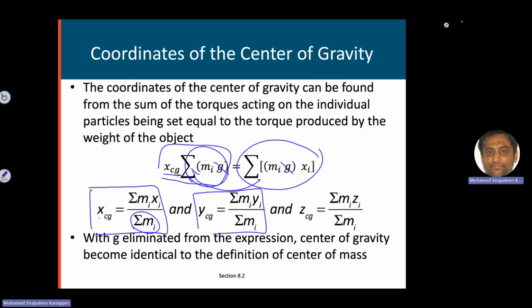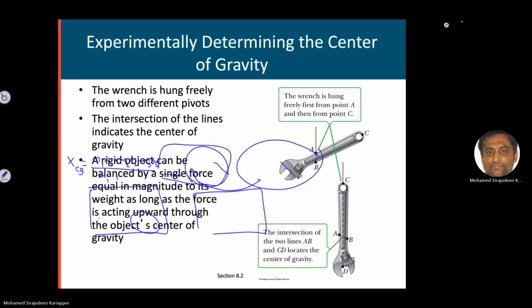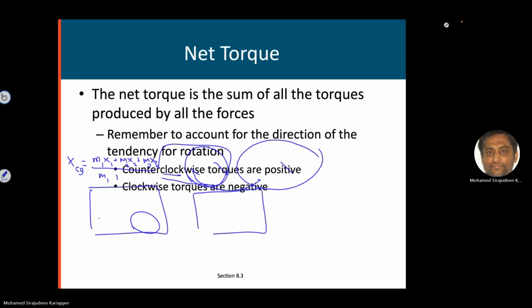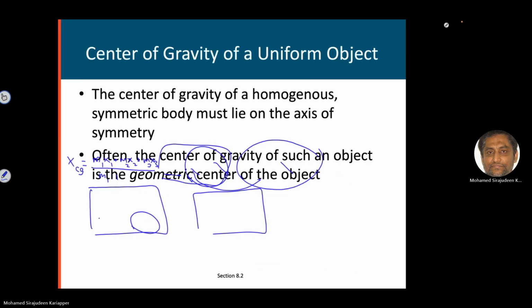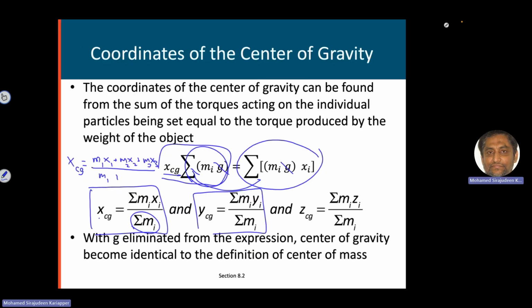So if you understand this equation, you can see that x center of gravity is equal to, what do you mean by sigma mi xi? It means, suppose you break it into three particles, it will be m1 x1 plus m2 x2 plus m3 x3 and other particles and so on, divided by the total mass, m1 plus m2 plus m3 and so on.